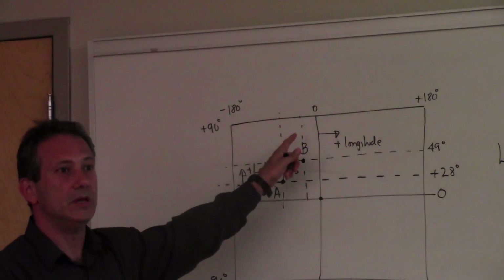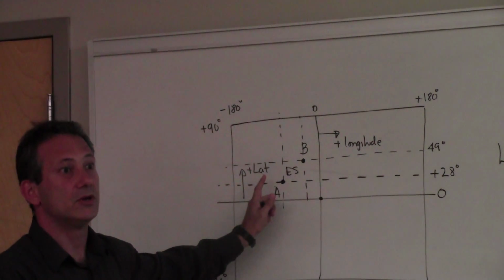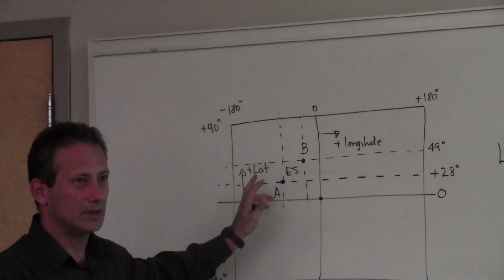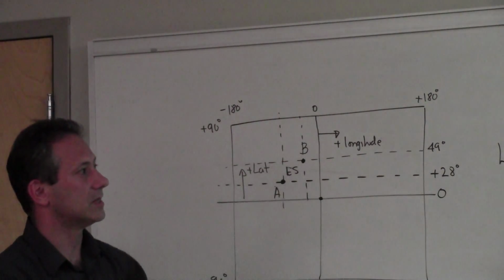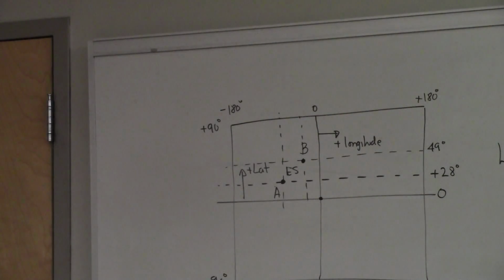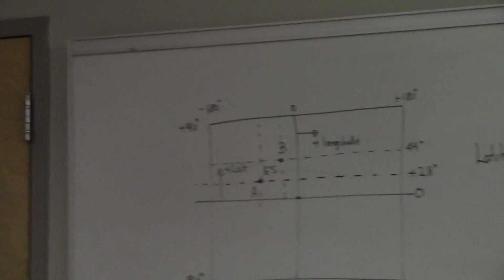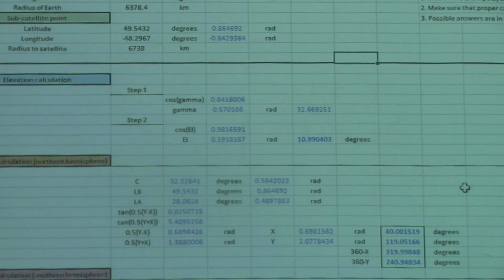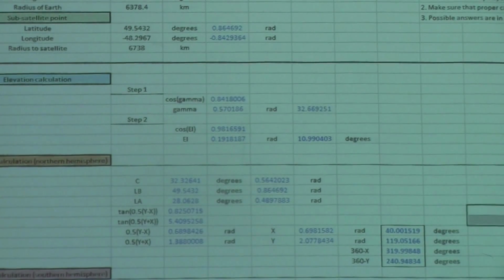A is west of B, and A is where your Earth station is, and B is where the subsatellite point is. So I would use this section here, which is the section that pertains to the northern hemisphere calculations.